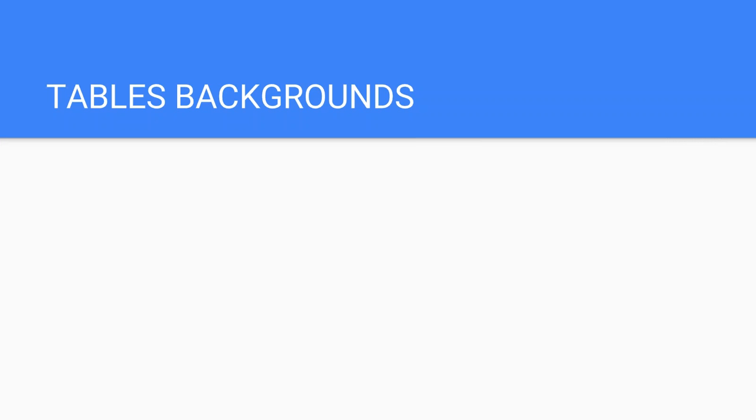So next we'll move on to table backgrounds. In table backgrounds, we can set a table background using one of the following 2 ways. The first one is with the bgcolor attribute, and the second one is the background attribute.